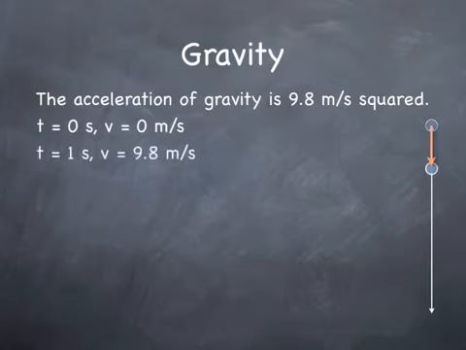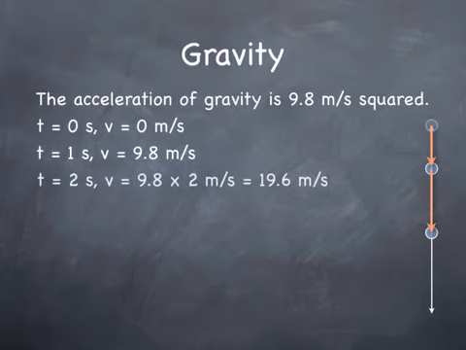1 second later, the velocity of the ball is 9.8 meters per second down. Why? Because gravity adds 9.8 meters per second. It's been 1 second, so it's falling at 9.8 meters per second.